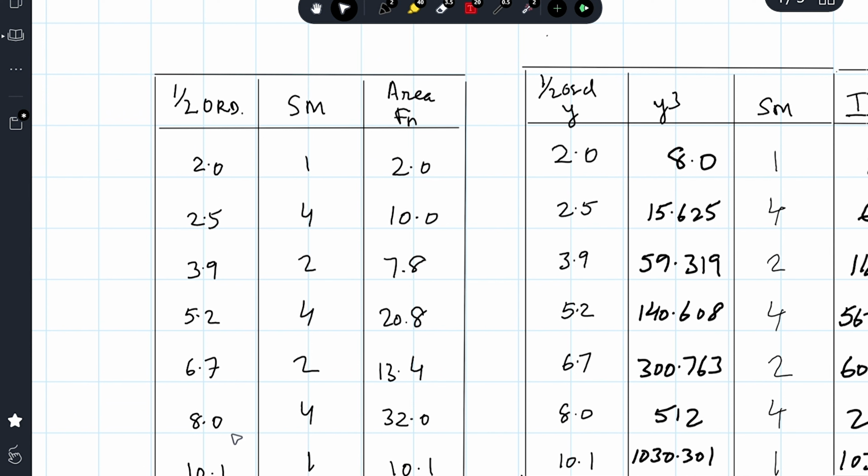Then the Simpson's multipliers 1, 4, 2, 4, 2, 4, 1, and the area function. So multiply each ordinate by its corresponding multiplier, and we get the area function. Take the sum of the products, call it sigma 1, summation 1, 96.1.